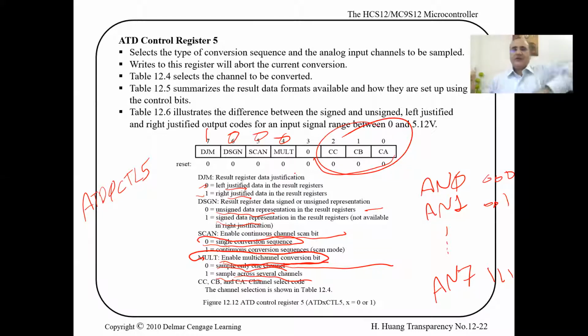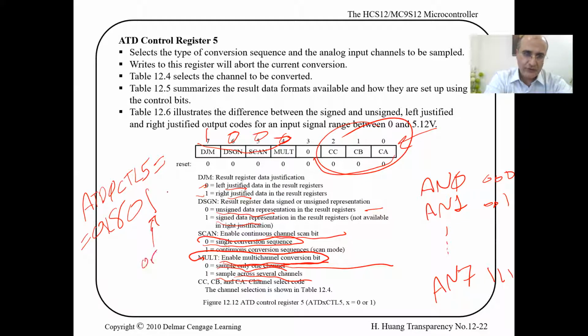Okay, so for us, when we write our code, we'll take this from the user, from the code, that is, let's not set it. So A to D control register 5 will be 0x80, this is 8, 0, OR, this is an OR, channel number.